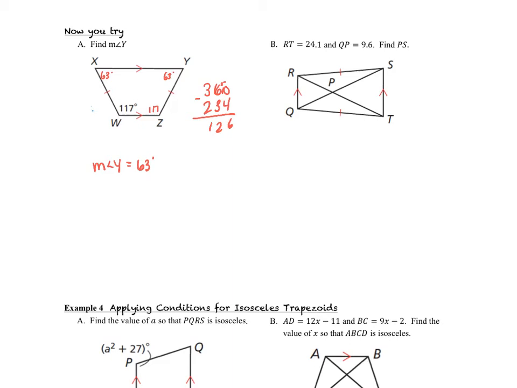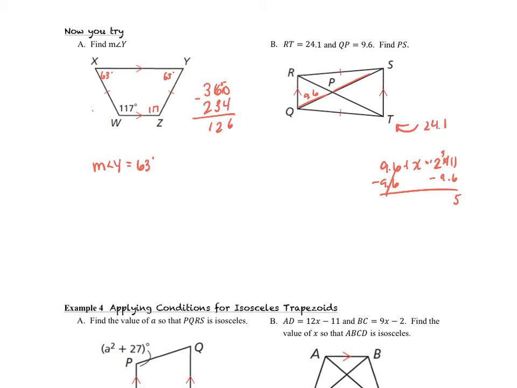Next one, RT is 24.1. So that whole line is 24.1. And QP, that small piece, is 9.6. And we want to know what PS is. Well, since the diagonals are congruent, then it's really like 9.6 plus X equals 24.1. So I'm just subtracting out the piece we used already, the 9.6. What is that, a 9?